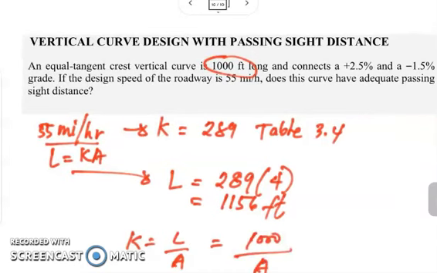This will give us 250. So 250 is still less than our value for the design curvature, which is 289. So therefore, we could conclude that the curve doesn't provide adequate passing sight distance for 55 miles per hour.